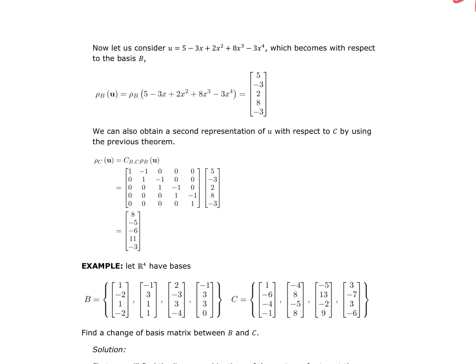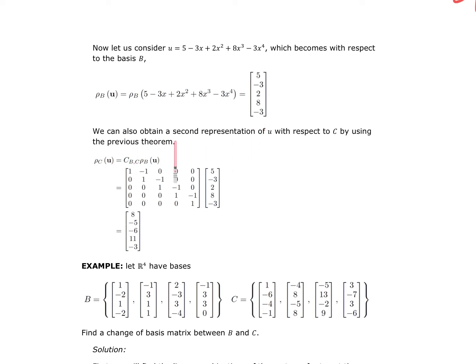Okay, so let's take a look at this. Now let's consider this vector u, and it becomes with respect to the basis b. So here's my vector under the basis b. This is what it looks like, because remember my basis b is the standard basis, which is kind of nice.